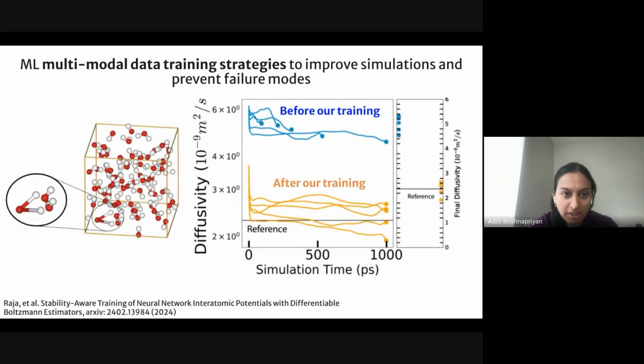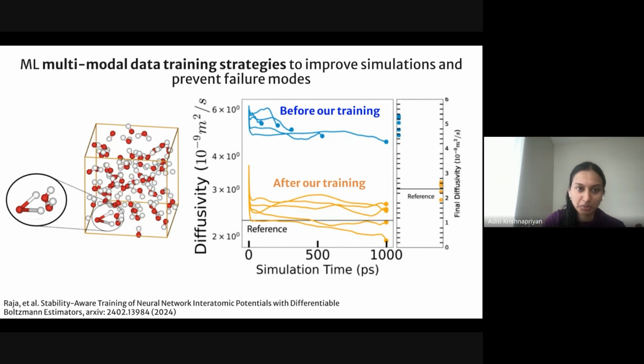And I would think of this as somewhat of a multimodal training strategy to improve these simulations and also get more accurate simulations when you look at observables that you compute. So this is an example of, we didn't actually train it on this observable of diffusivity, but when you run the MD simulation, you can compute a diffusivity coefficient from that simulation. And before we did our training, so this is when you just use standard supervised learning on the energies and forces, you get fairly high errors and the simulations are not super accurate.